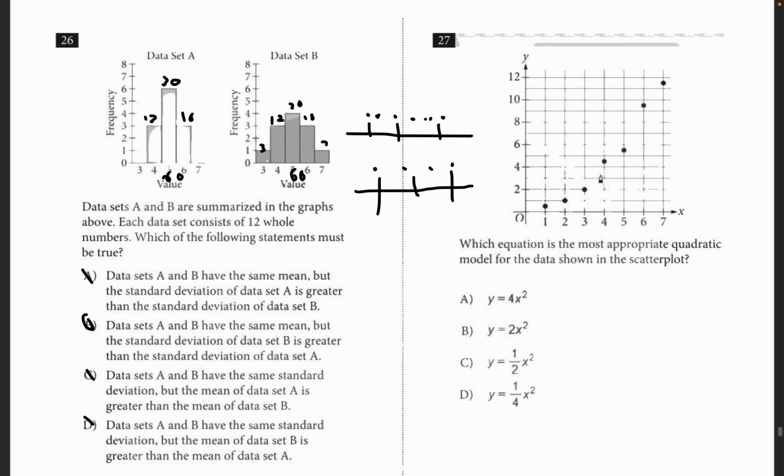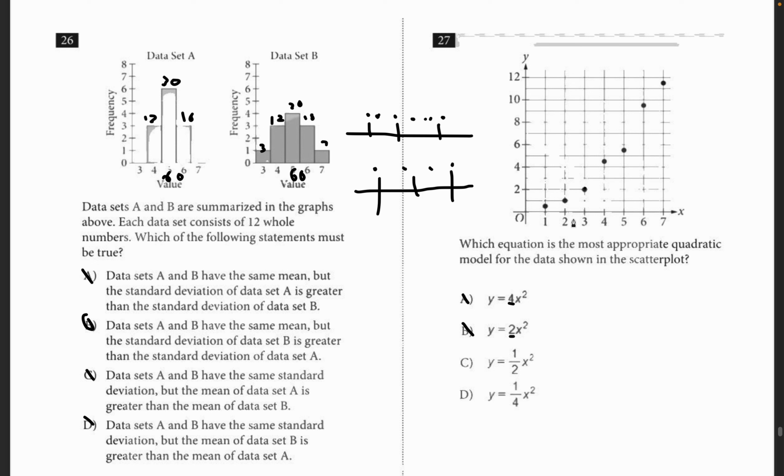Actually, okay, we got a good point here: 3, 2. So plug in here, 3 squared times 1/2. No, wait. 3 squared is 9 times 1/2 is 4.5. So definitely not going to be these ones where they have the growth and you multiply by them, because that's going to be way above. So we're stuck between 1/4 and 1/2.